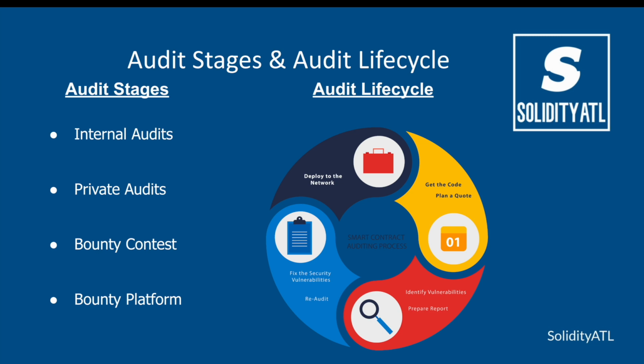That involves receiving the code from the protocol and determining how long you're going to take to audit it, as well as how much it's going to cost. We're going to let you decide how to plan out this quote. People may do pay per vulnerability, or pay per hour. Some people do it free if they are newer in the space, to get more clientele. We're not going to talk a lot about that, but we wanted to highlight this overall life cycle.